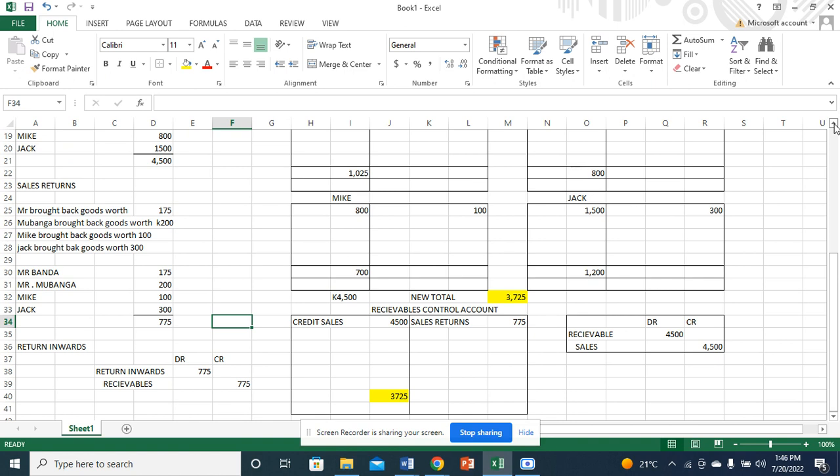Why have you put it on the credit side? Is it not supposed to be on the debit side?